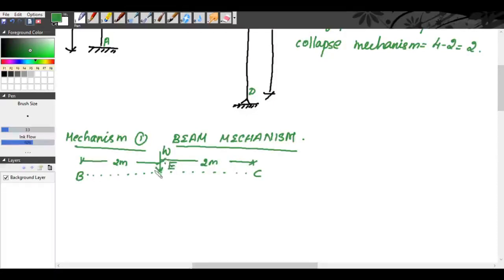So our hinges are forming at B, C and E. This is our collapse mechanism.